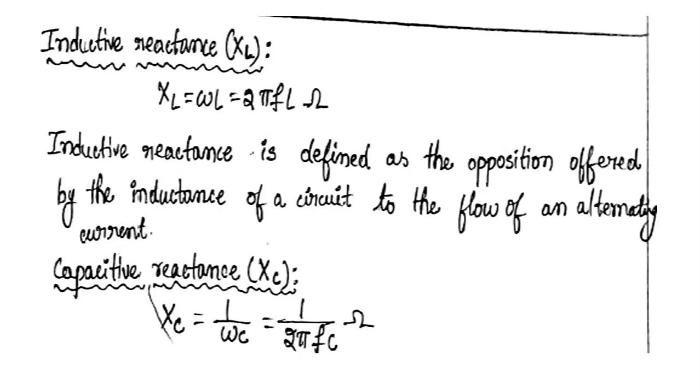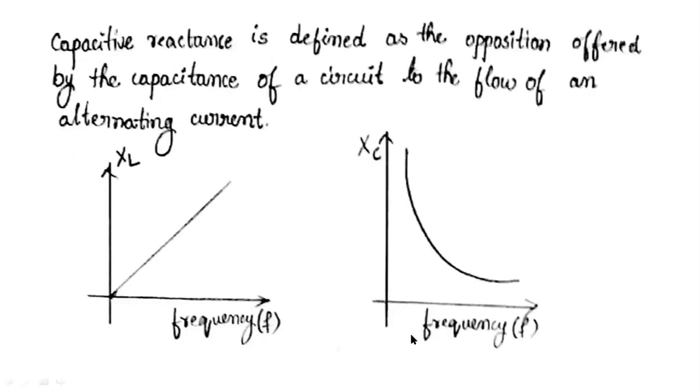Simply remember that it is in ohms. Capacitive reactance XC equals 1 by omega C equals 1 by 2 pi fC ohms. Capacitive reactance is defined as the opposition offered by the capacitance of a circuit to the flow of an alternating current.